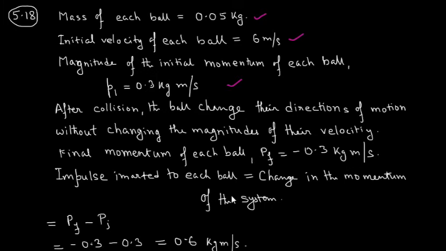Impulse imparted to each ball is equal to change in momentum, that is Pf minus Pi, final momentum minus initial momentum.